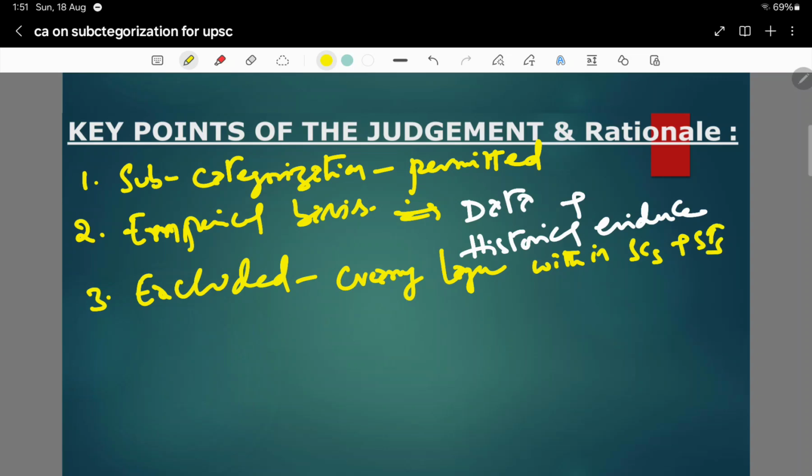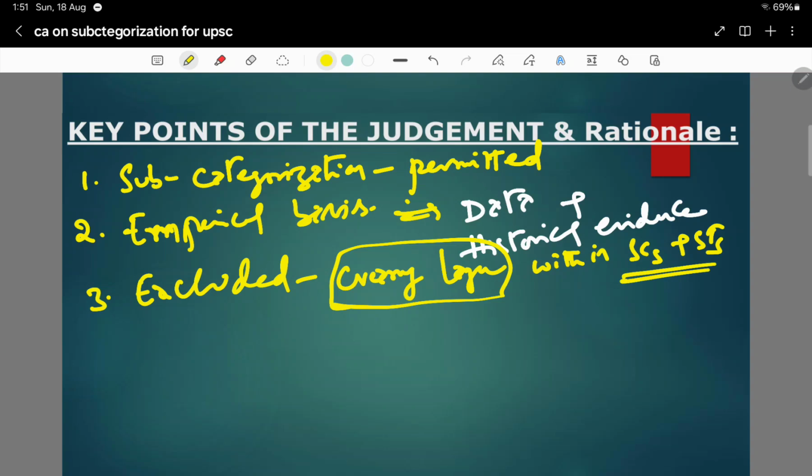Initially, the creamy layer and the related judgment by the Apex Court, given in the Indra Sawhney case, was only applicable to the backward classes. But now the Supreme Court clearly stated that the way the creamy layer applies to the BC category, it should apply to the SCs and STs as well.